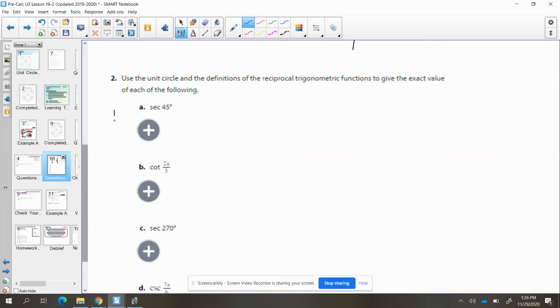So secant is the reciprocal of cosine, aka we need to flip the x value to now be in the denominator. So normally at 45 degrees, we know our x value is square root of 2 over 2. So now it's 1 over that value. Now, we do not like to write this quite so ugly.